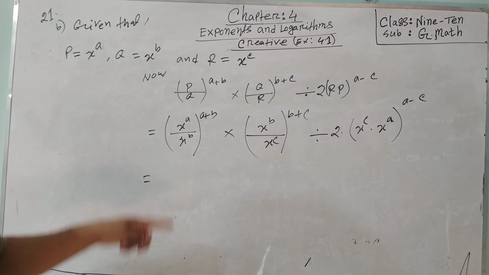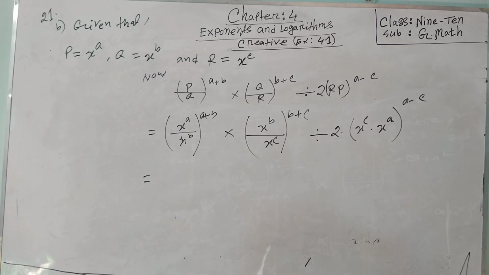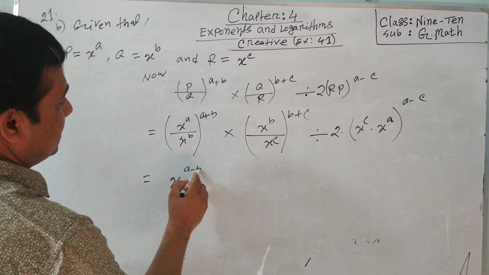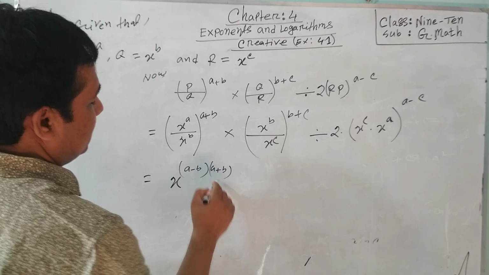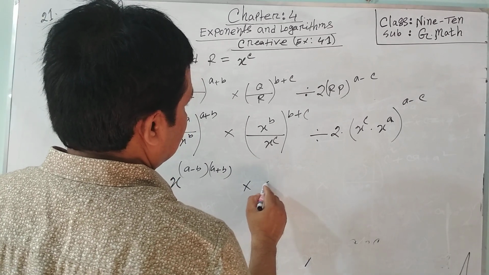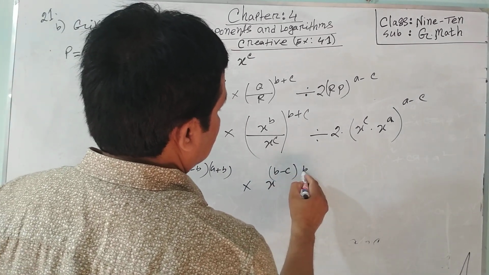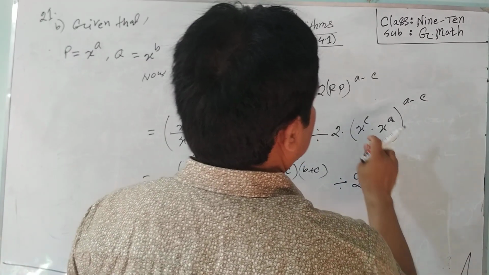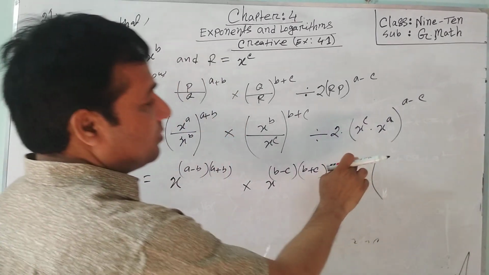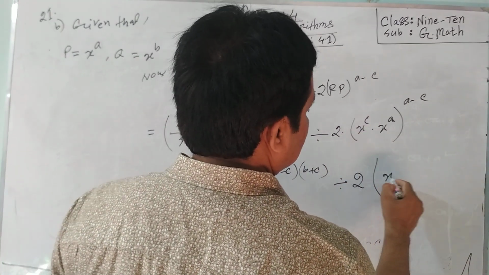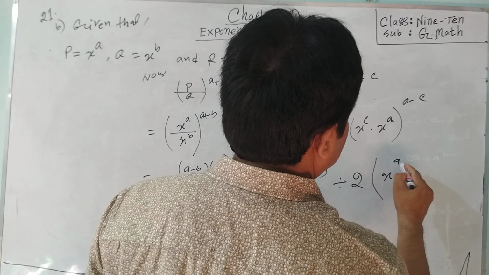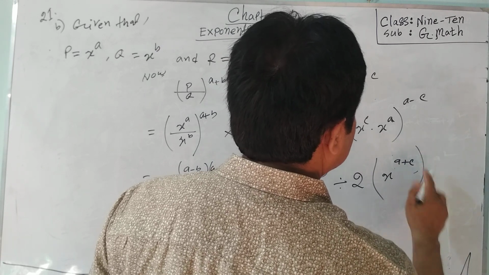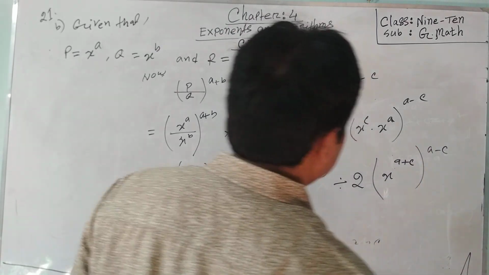In the division formula, when the base is the same, the powers will be subtracted. x to the power a minus b, a plus b. Similarly, x to the power b minus c, b plus c. Division 2 into, in the multiplication formula, when the base is the same, the powers will be added. x to the power c minus a, or a minus c.